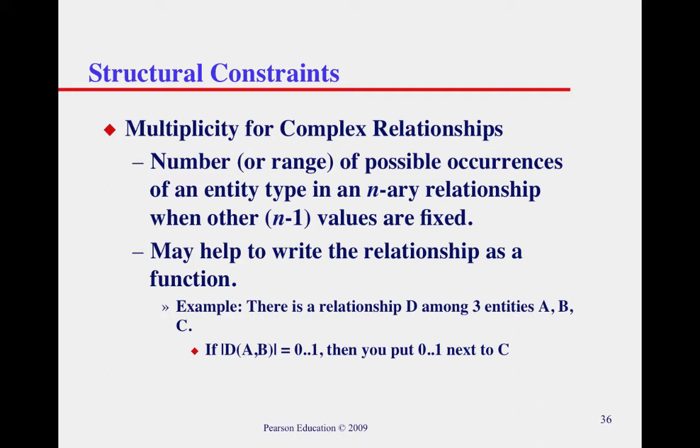You fix the n-1 values and then figure out how many occurrences of the remaining entity can occur.